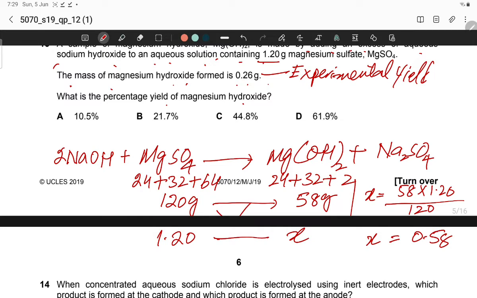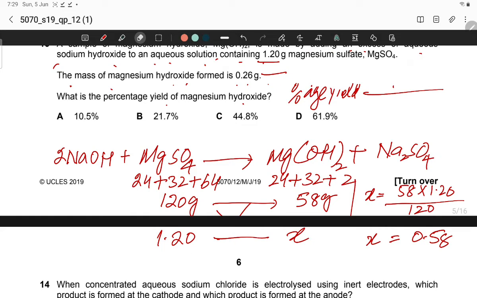Now percentage yield is calculated. Percentage yield is equal to experimental yield over theoretical yield.